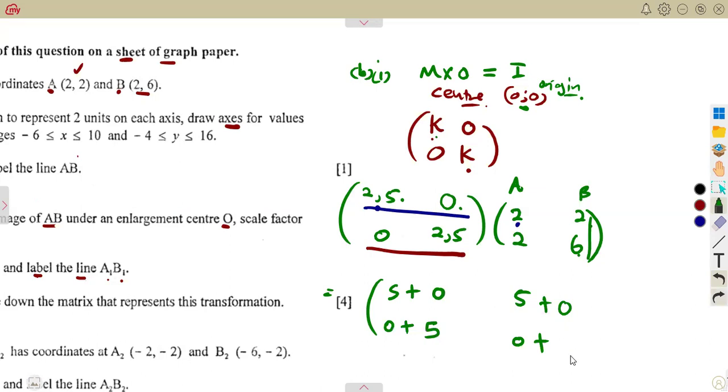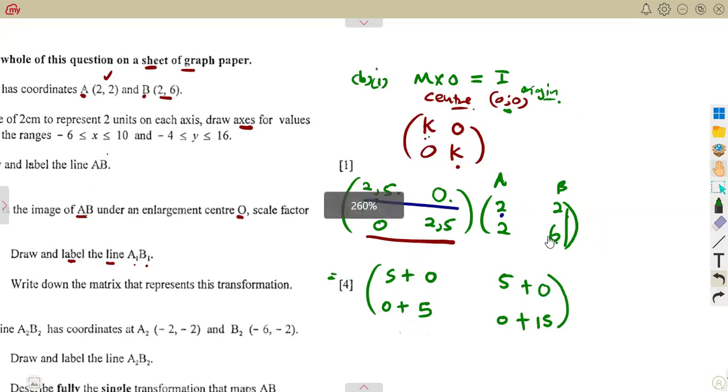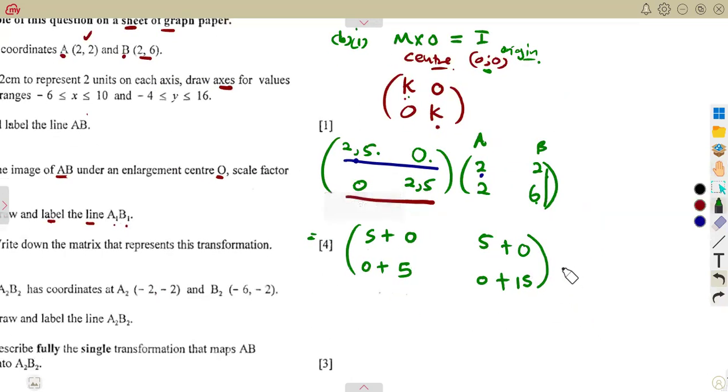That will be a 15. So I'm going to simplify, to have a single value here. That's 5. Here, that's a 5. Another one, that's a 5. Another part there, that's a 15.